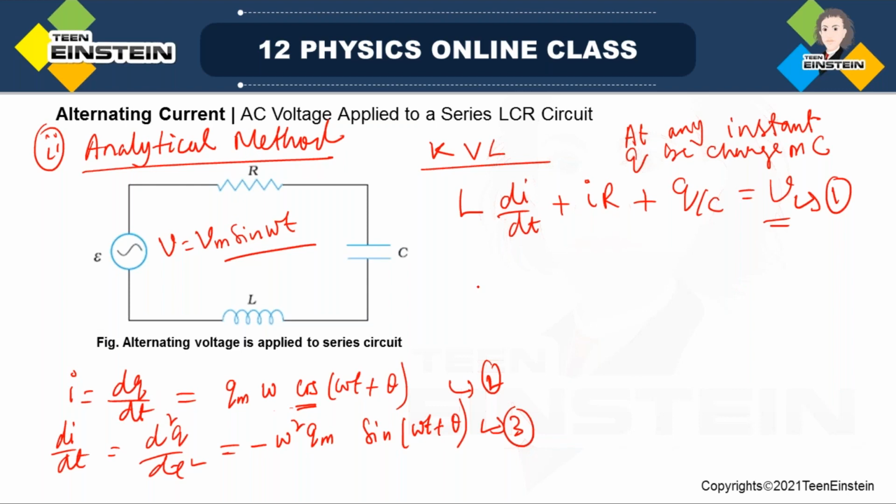I'll substitute all this, whatever we have got from here, into equation 1.